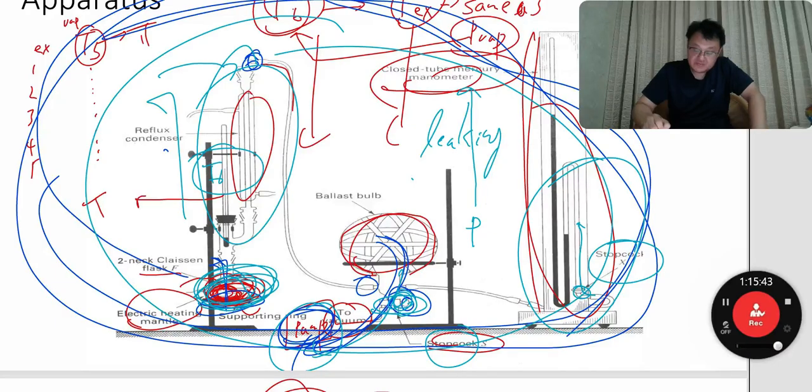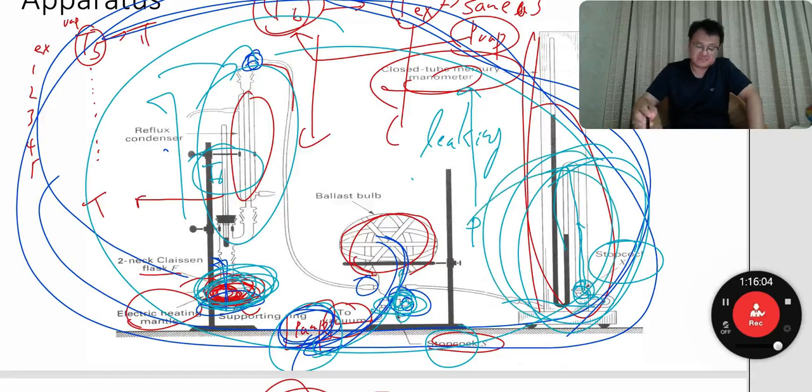If you open this and this at the same time, then mercury can be pulled like this. So it is dangerous. But I think in the real experiment, you're not going to use this kind of mercury manometer, but some other digital manometer. So you don't have to worry about that.